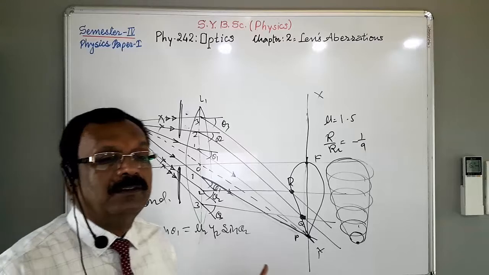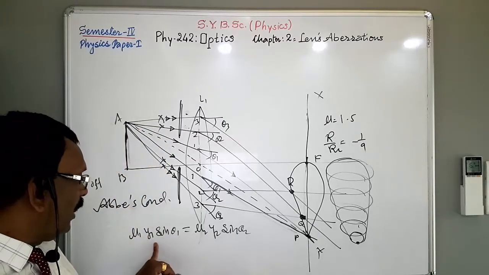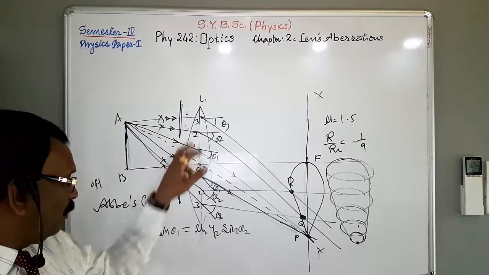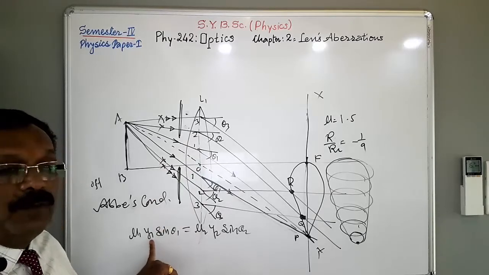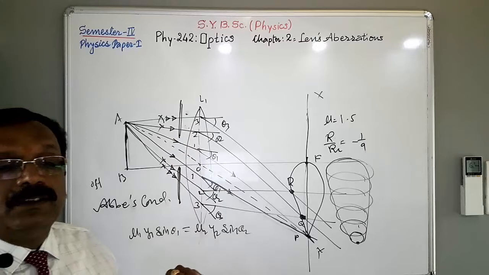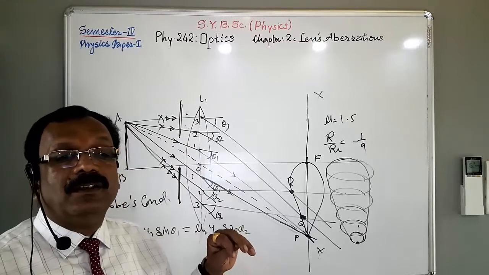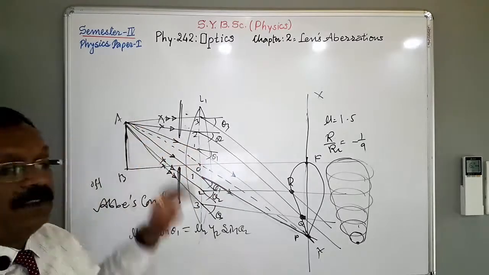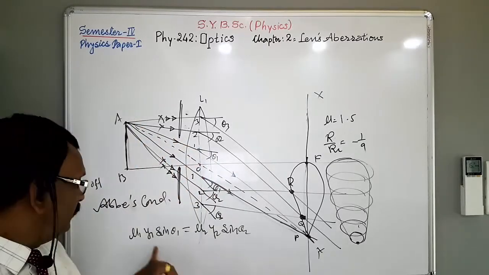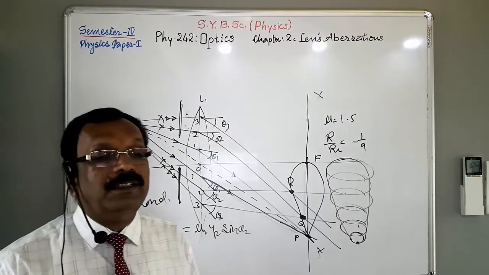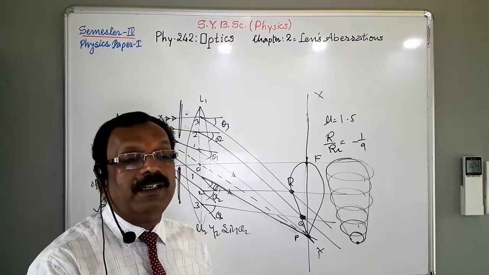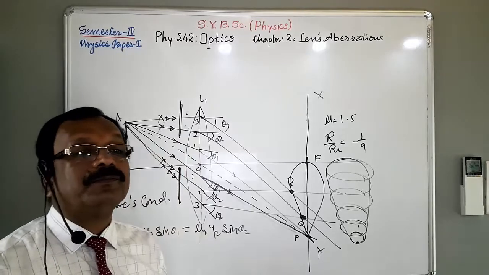So here mu1, y1 and theta 1 refer to the refractive index of the material, the height of the object above the principal axis, and the slope angle of the incident ray respectively.